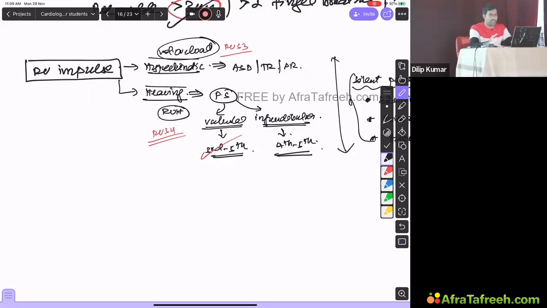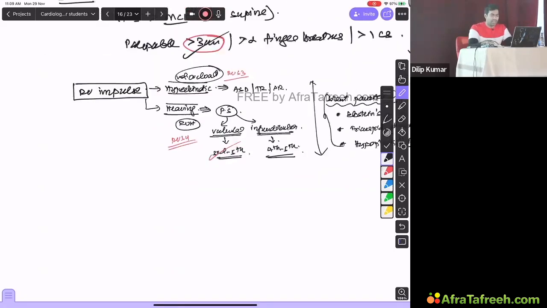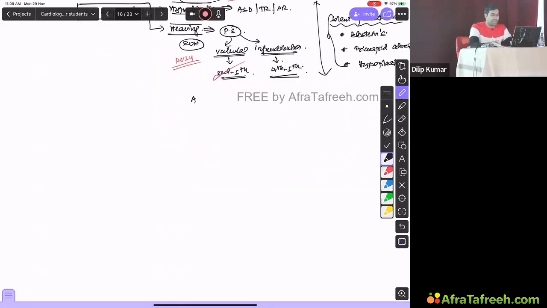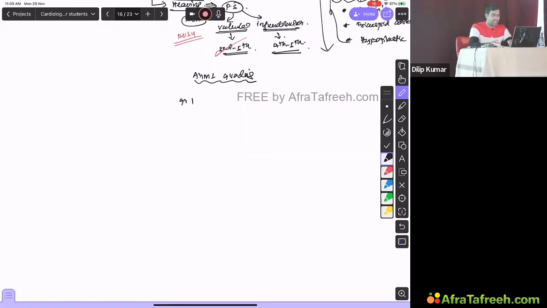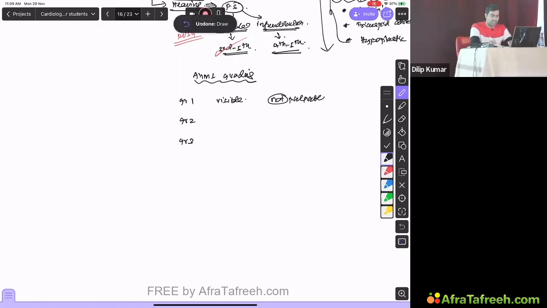So that's the idea. And how will you grade parasternal pulsations, parasternal heaving? So there is MCOMS grading of parasternal pulsations. You have three grades: grade 1, grade 2, and grade 3. Grade 1 is visible but not palpable. Grade 2 is visible and palpable.